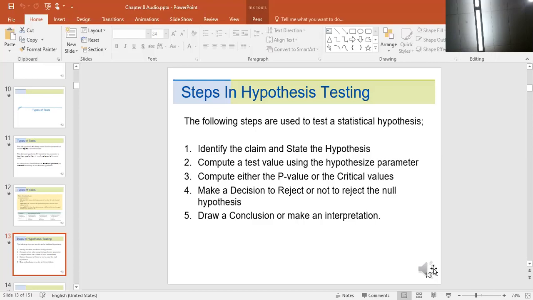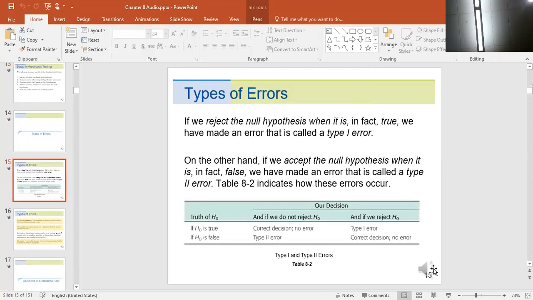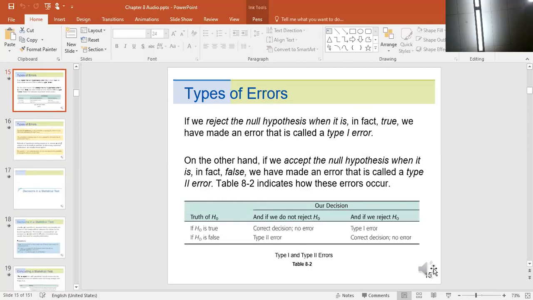We are going to be using calculator to do this, but we are going to look at some examples how to do it manually. Compute either the p-value or the critical value, and then make a decision to reject or not to reject the null hypothesis. Draw a conclusion. Those are the steps. We've gone through this.